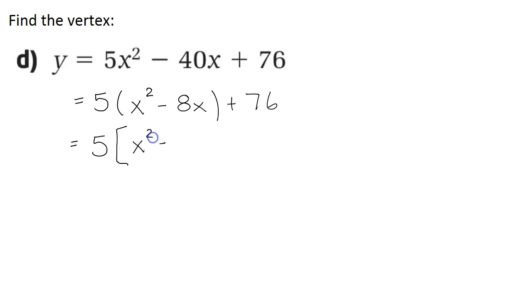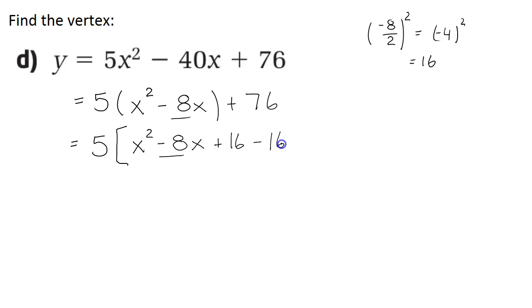So to get that number, we take a look at the coefficient here, and we say that value divided by 2 squared. So negative 8 over 2 is negative 4. Negative 4 squared is 16. So what I'm going to do here is say plus 16 minus 16. And I'm going to leave that plus 76 there.